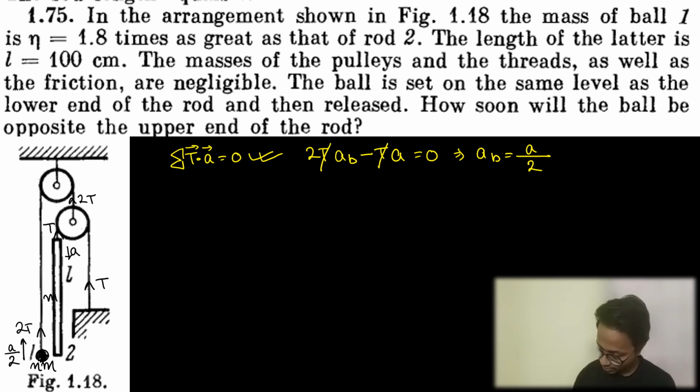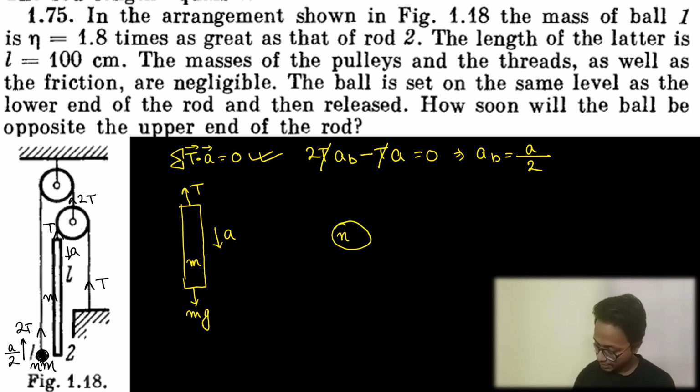This rod has a mass m. So mg is being pulled up by T and is moving down with acceleration A. Is there any other force? No. This ball has a mass n times of the rod. It is being pulled up by 2T.